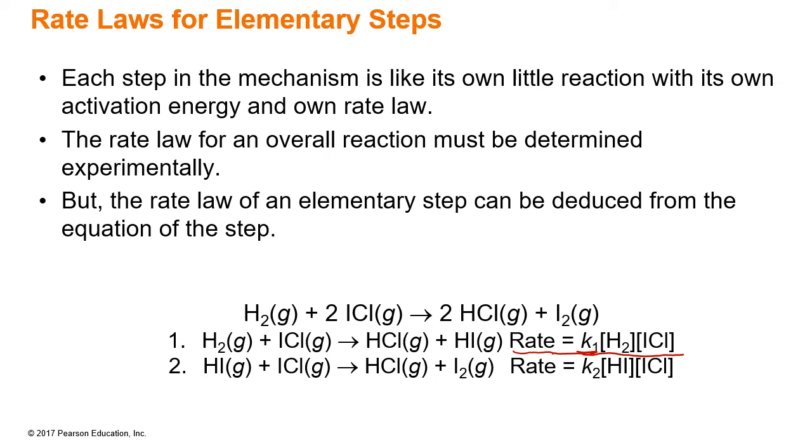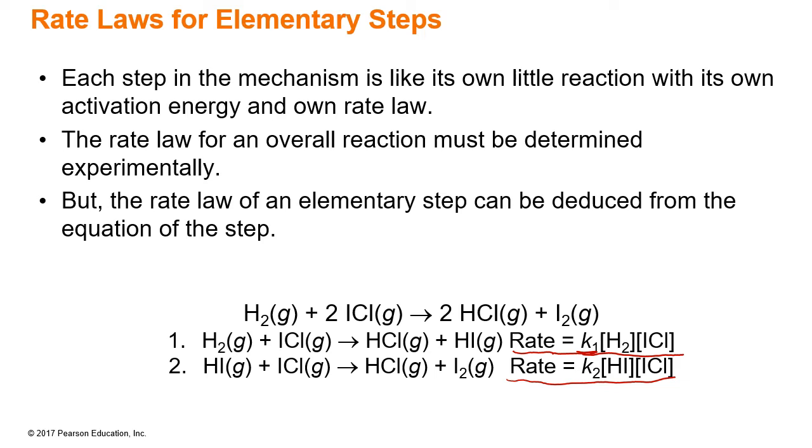Because these are both the reactants, there's only one molecule of each, so it is first order with respect to hydrogen, first order with respect to iodine chloride. When we look at our second elementary step, it has its own rate law as well.